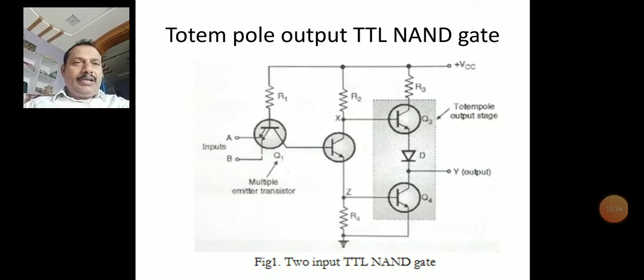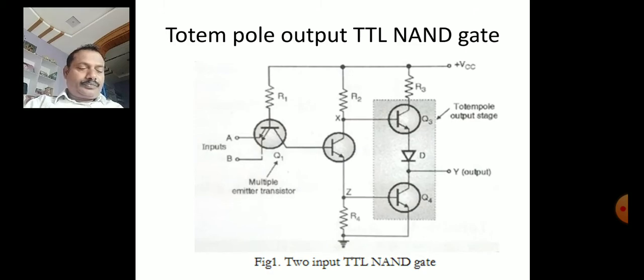Now let us see the totem pole output TTL NAND gate, and you see this is the connection of the totem pole. Observe the figure here. Q1 is a multiple emitter transistor, and Q2 is the intermediate transistor.